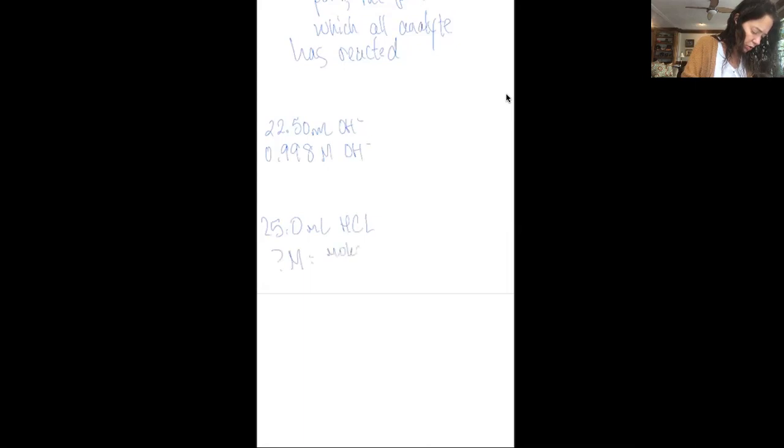Concentration equals moles HCl over liters solution. We know the liters. It is the 25.0 milliliters times 1 over 1,000, divided by 1,000.